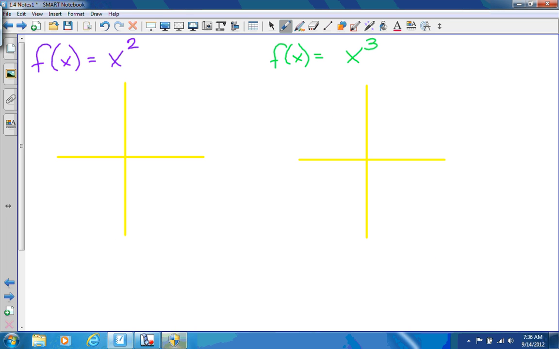Our next parent function would be x squared, and x squared has 0, 0 as a coordinate, 1, 1, 2, 4, 3, 9, negative 1, 1, negative 2, 4, negative 3, 9, and so on and so forth.